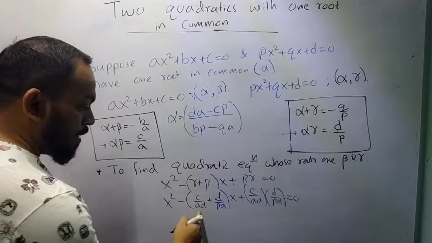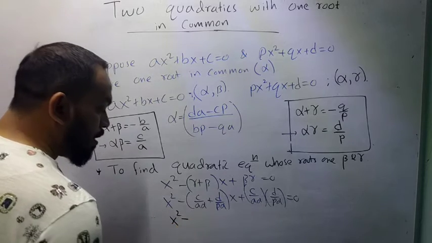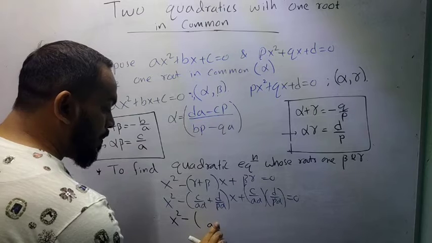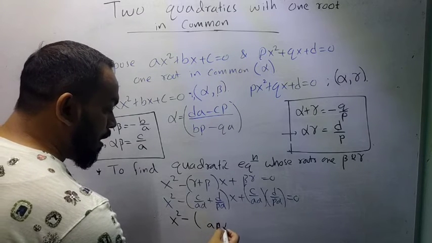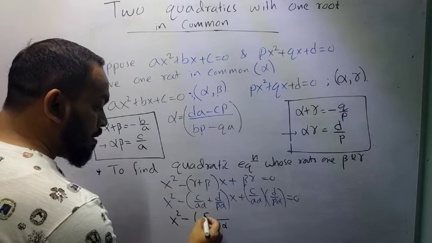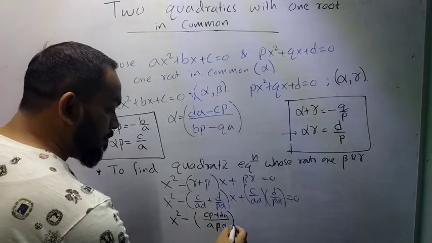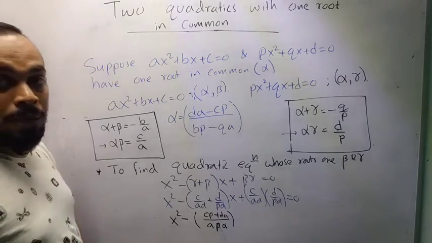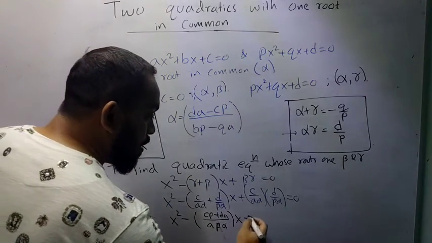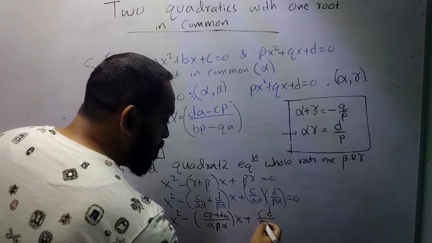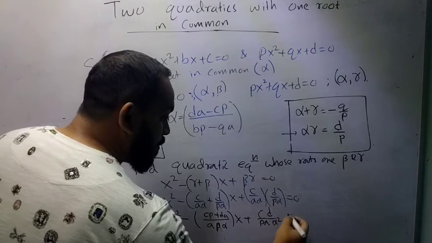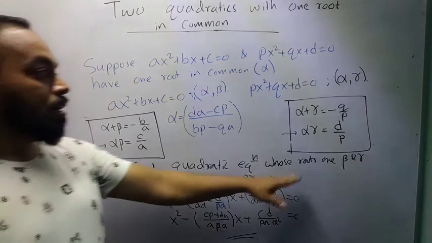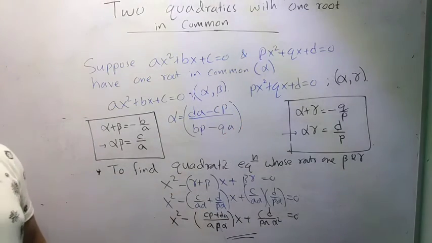Right, so we can take the common denominator here. When you take the common denominator, you get AP alpha, CP plus DA. I can substitute alpha if necessary. I'm not going to do that here, x. Then CD over PA alpha squared equals 0. This is the quadratic equation whose roots are the other roots of these two quadratic equations given.